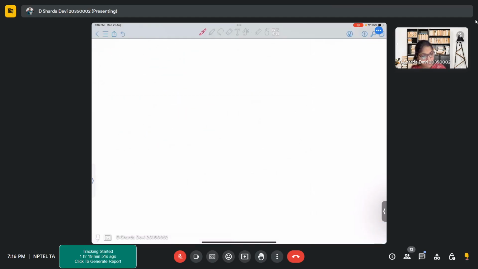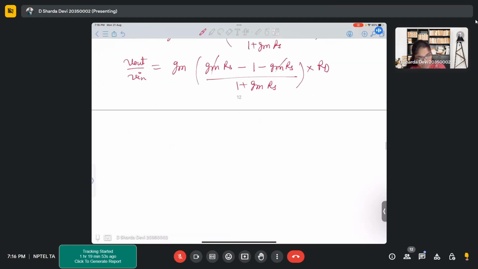So V out by V in is minus gm Rd by 1 plus gm Rs, and the minus sign comes from here. So we have gm Rd by 1 plus gm Rs.